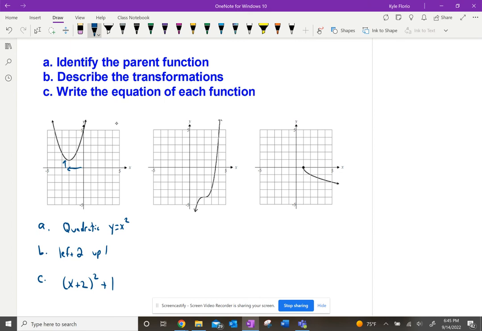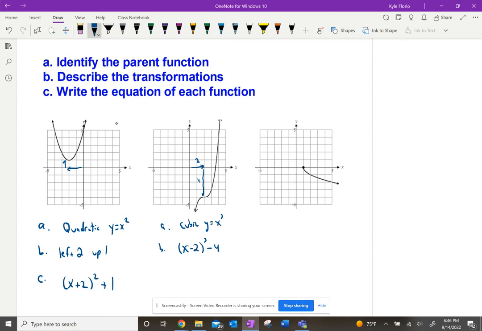Okay, so here we have the cubic. So that's f of x or y equals x cubed. It looks like it's going right 2 and down 1, 2, 3, 4. So the down 4 is going to be minus 4 at the end, and the right 2 is going to make it x minus 2 in the parentheses.